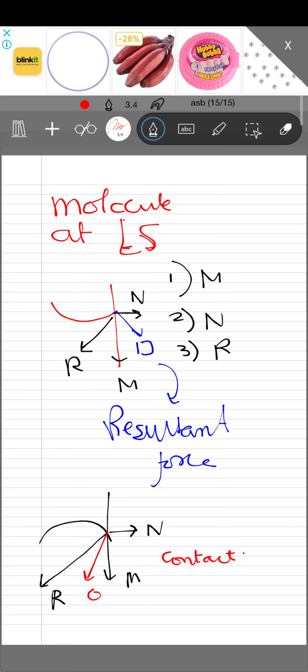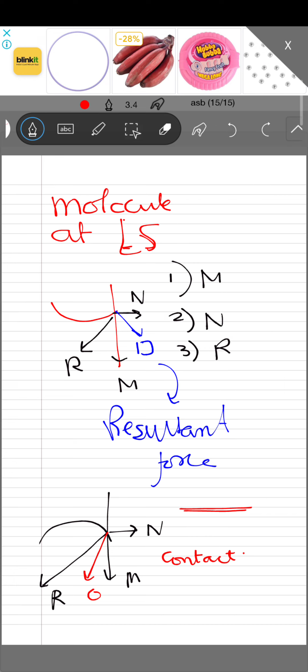Now, what about the surface? If you look at the normal surface, the surface has no mass, so we will put the M. The surface will not have any reaction, any adhesive force, so we will put N going towards 0.